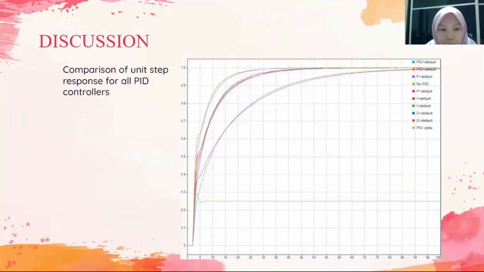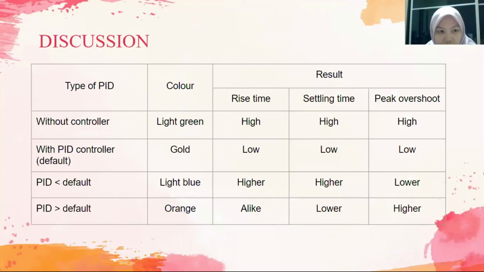So this is the comparison of unit step response for all PID controllers, which means the changes of PID parameters. As I said before, the system without controller has high rise time, high settling time, and high peak overshoot.